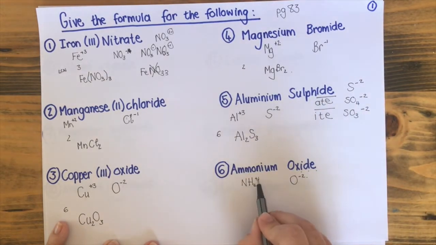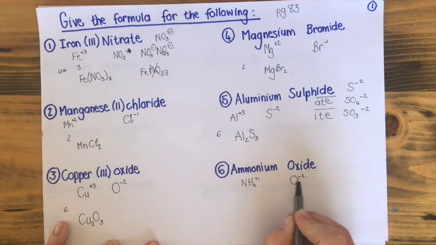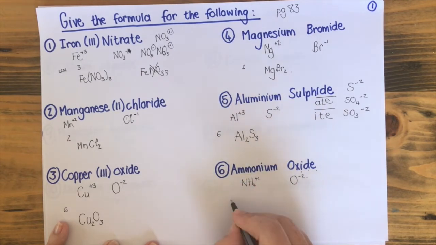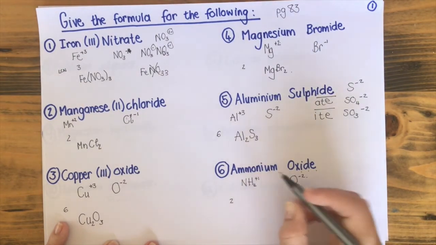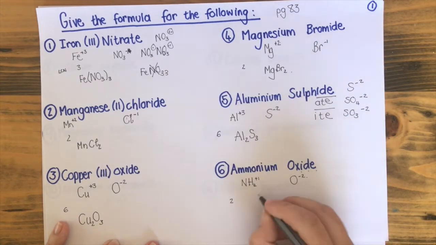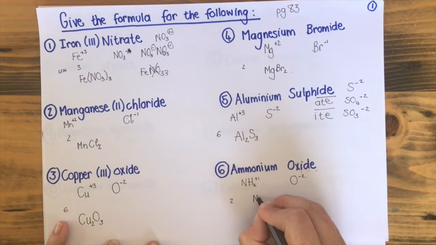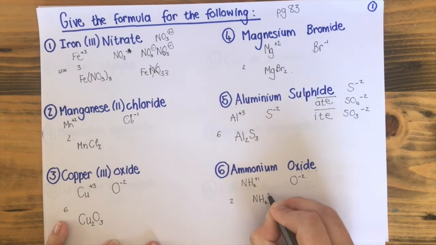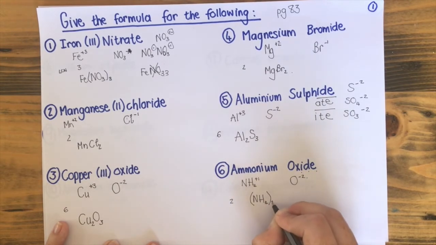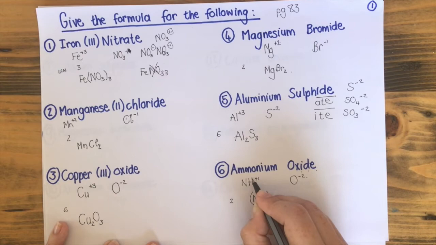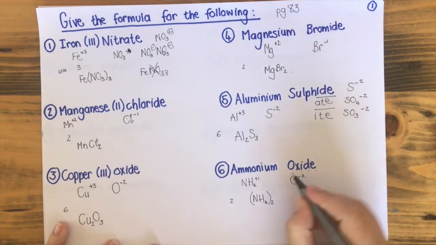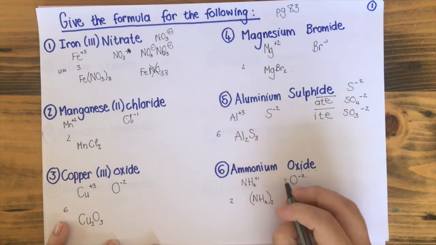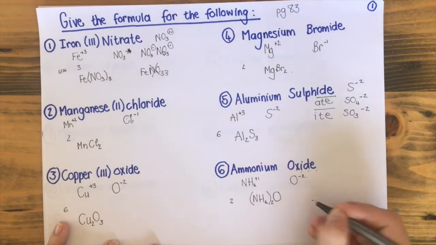So our lowest common number here between 1 and 2, ignoring the signs, is 2, which means that you will require 2 ammonium ions. You'll need 2 of those entire ions because that charge is not just on the hydrogen, it's on the entire ion. And then 2 goes into 2 just once, which means that you will need 1 oxygen.